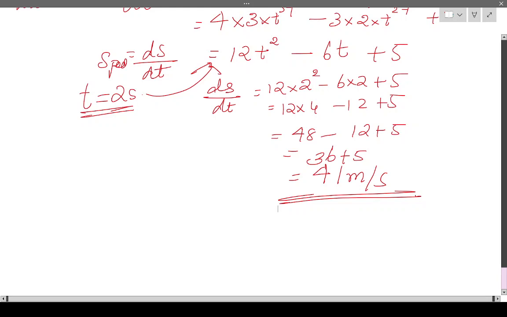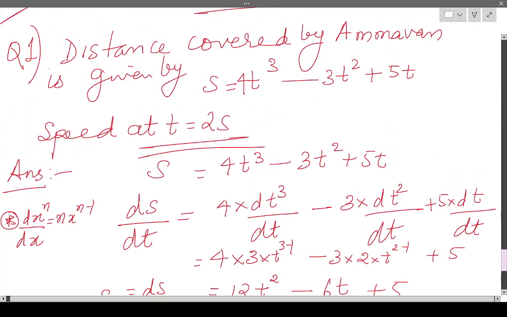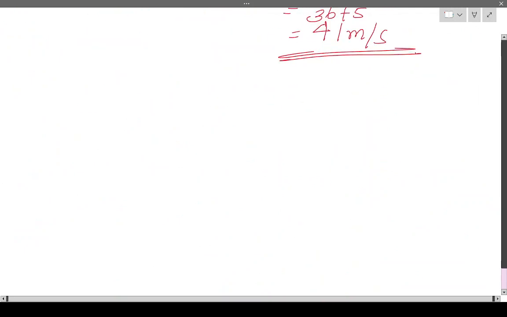If I am making any calculation mistakes, please write in the comment box. This is question number one, and let us go with question number two.